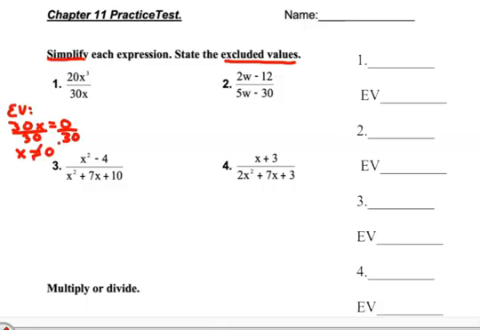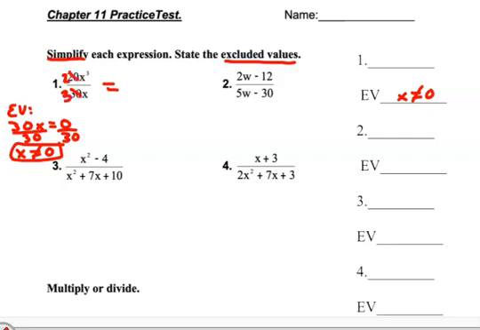So we know from this work, 0 divided by 30 is just 0. We know that x is not allowed to be 0. So x cannot be 0. That's the excluded value. Then the rest of the work is just that simplifying. So I'm going to reduce this one. The 20 and the 30 reduce all the way down to 2 over 3.